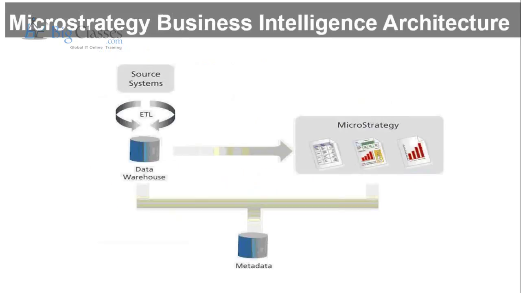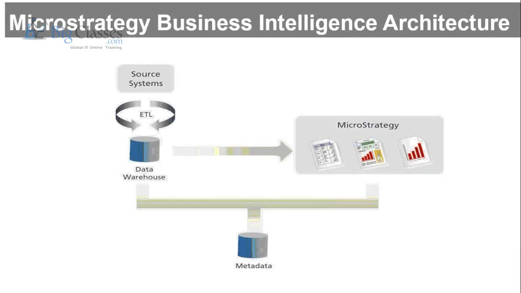Whenever you create any object in MicroStrategy, all its corresponding definition is stored in the metadata. Let's say I'm creating an object which gives me the year information. The metadata will store that definition, saying this year object is pointing to which table and column.